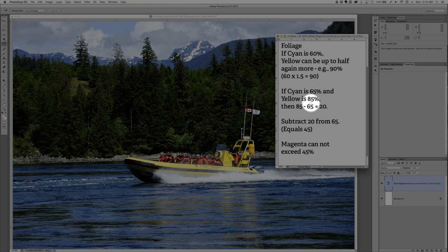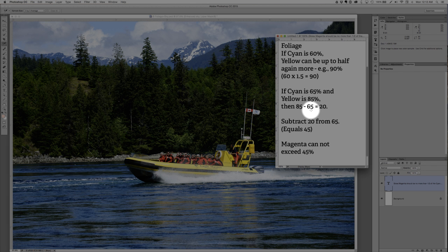That would be okay. Now, if I take the yellow minus the cyan, in other words, 85 minus 65 equals 20. Now, it can be kind of handy to have a calculator or use your phone and bring up the calculator app. Have that around when you're figuring these values out.